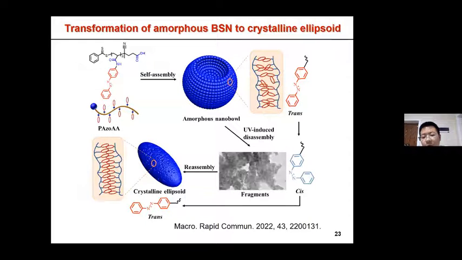So the hydrophobicity of the homopolymer is increased, which induces the reassembly of the polymers to form ellipsoids. Interestingly, we found that the ellipsoids are crystalline. We suppose that during the reassembly of the homopolymer, the azobenzene pendants regularly arranged to induce the formation of crystalline structure.